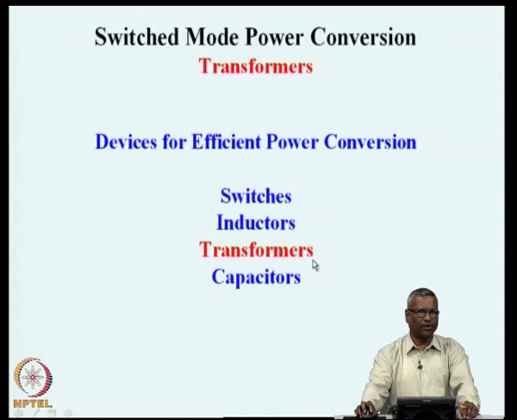What is the basic principle, how the primary and secondary are linking to each other through the magnetic circuit in between, what are the various relationships of the electrical quantities as well as the magnetic quantities, how does one design a transformer starting with the voltage, current, frequency ratings, and having designed the ideal transformer, how do you go about finding out all the non-ideal features of the transformer, such as the primary resistance, secondary resistance, primary leakage inductance, secondary leakage inductance, magnetizing inductance, the core loss, and so on.